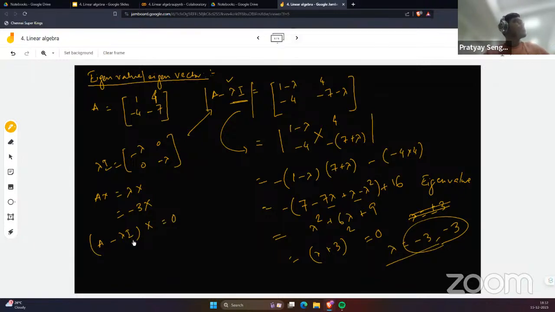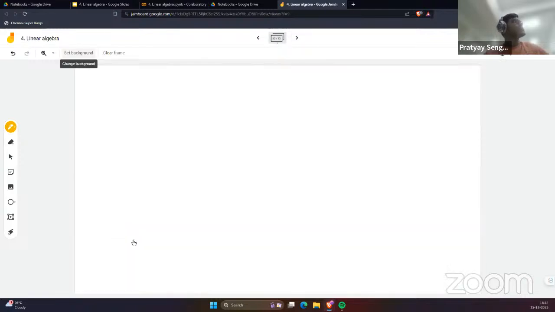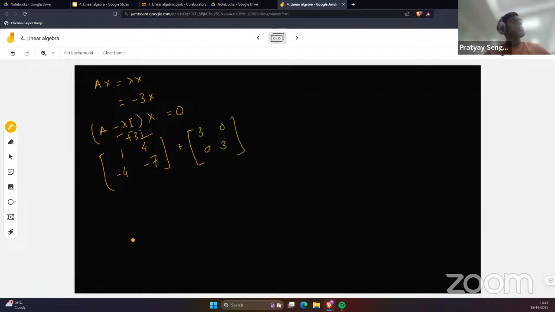So A is 1 4, minus 4 minus 7, and since lambda is minus 3, it will be plus 3I, right? Plus 3I is 3 0, 0 3, and x is some x, y, which equals 0 0.